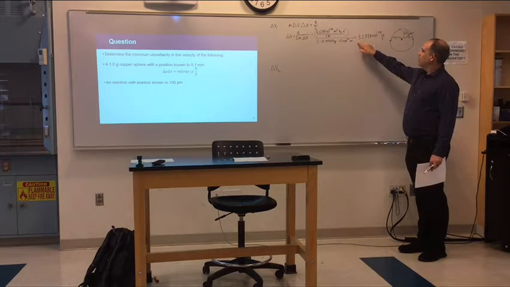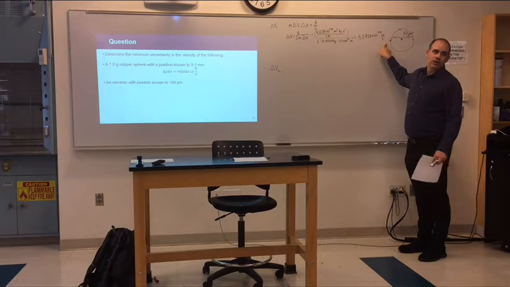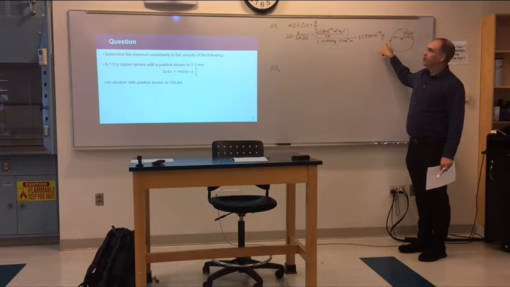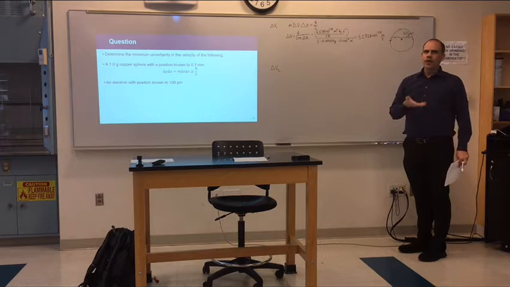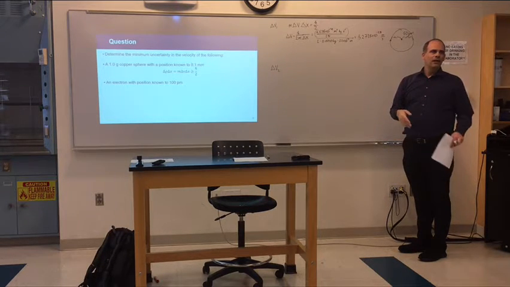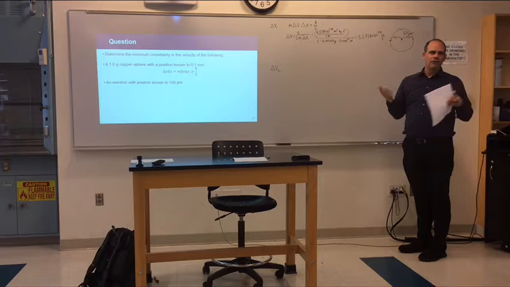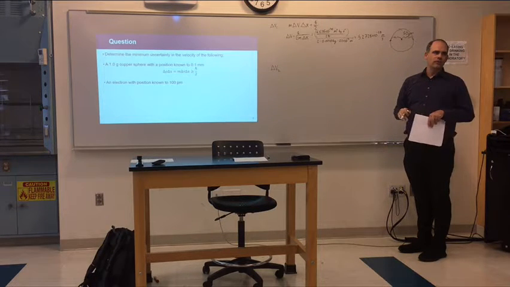The velocity, we can know it, that's crazy good. You can know it down to that many meters per second. So in classical physics, we can know stuff really, really accurately compared to our everyday units of measure.